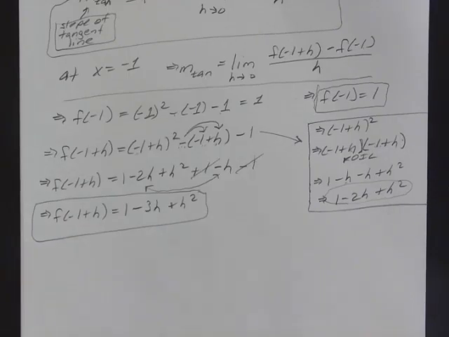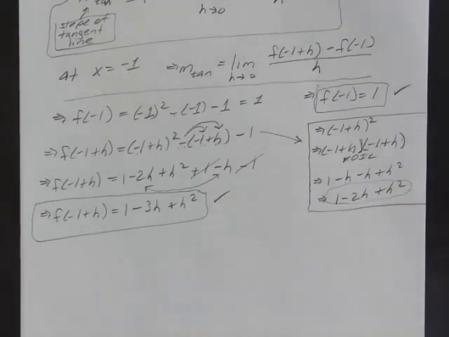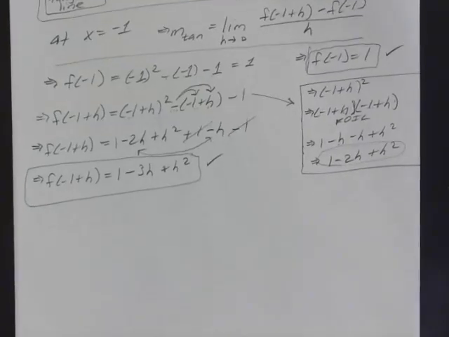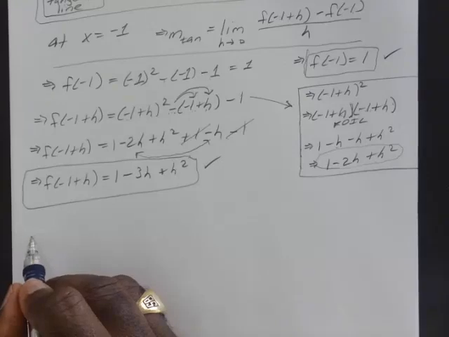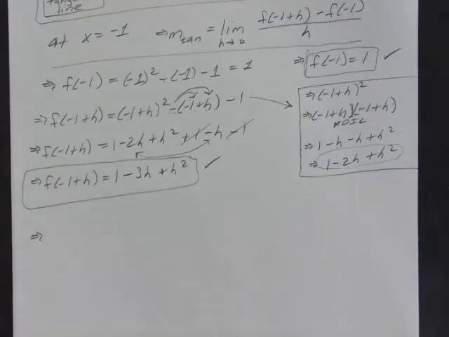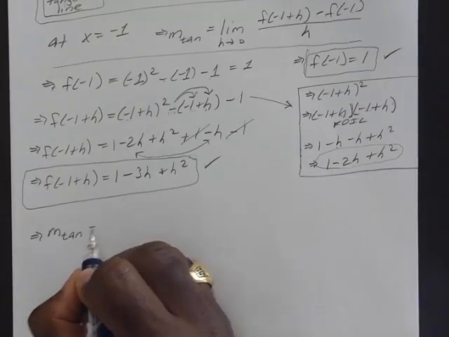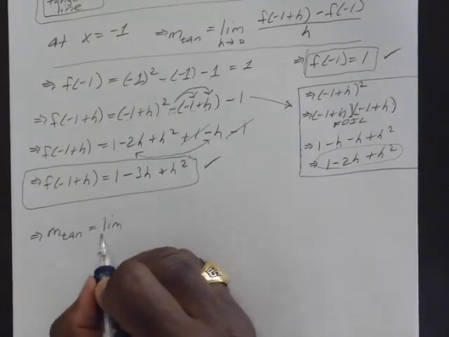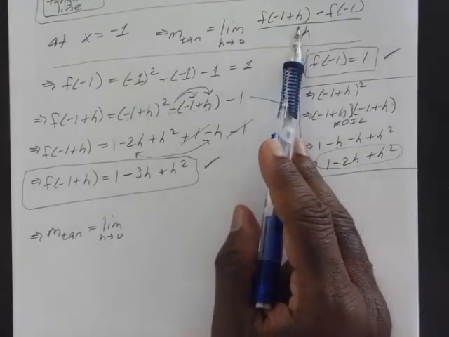Okay, so now we have everything we need to find our slope of the tangent line. So now we just plug in everything from our formula. So the slope of the tangent line is equal to the limit as h approaches 0 of f of negative 1 plus h.